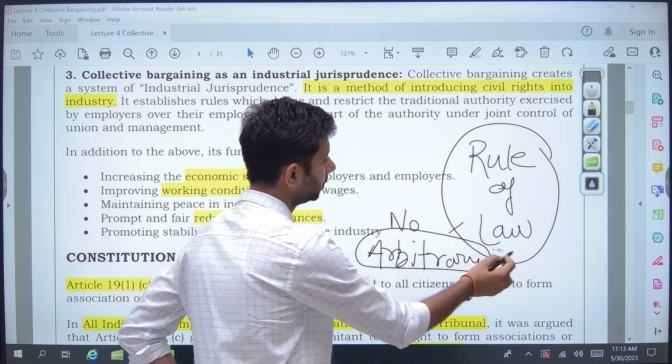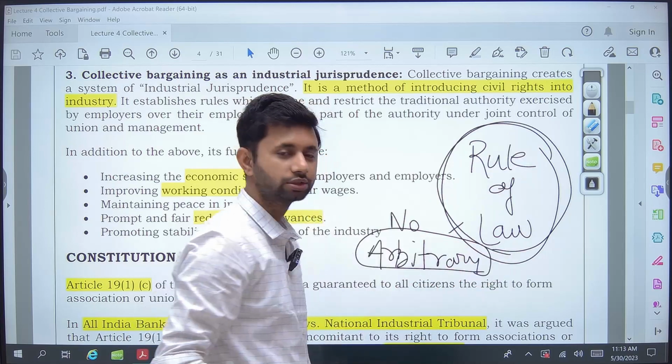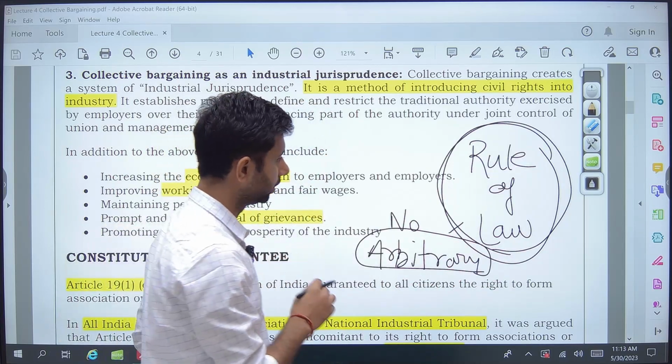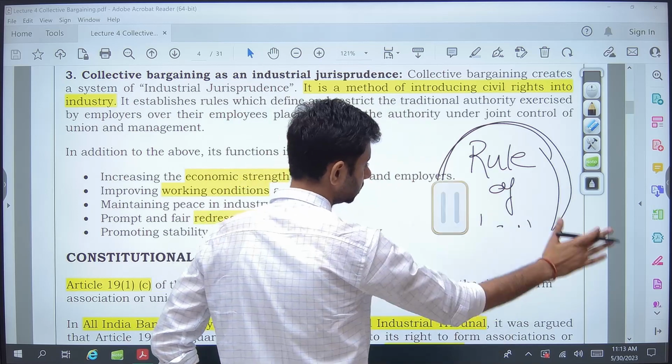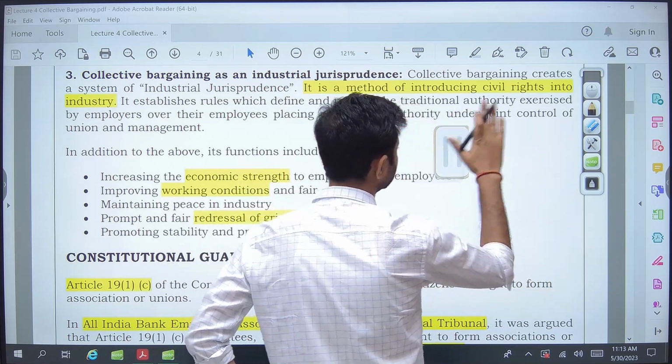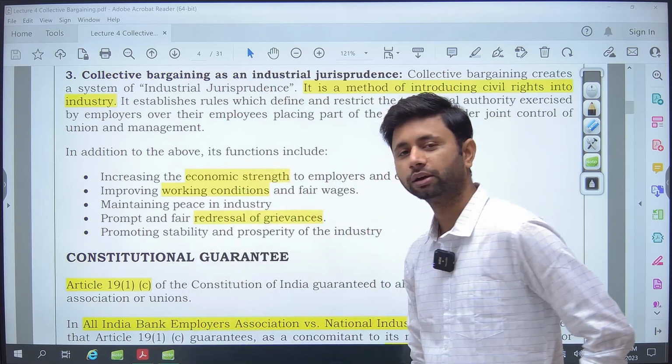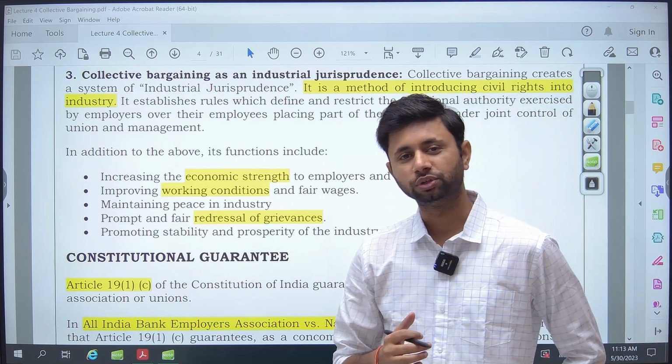So established rule of law will be applicable within an industrial setting. So this is collective bargaining as an industrial jurisprudence.